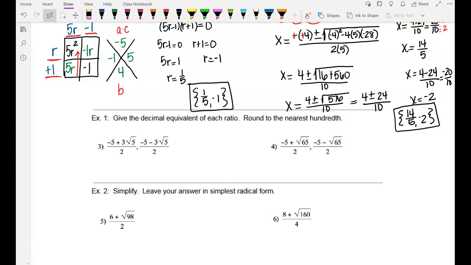So you want to start your parenthesis, -5 plus 3 radical 5. And then you have to move your cursor out and in your parentheses. You have to make sure in your calculator that all of that is in parentheses before you do divided by 2.